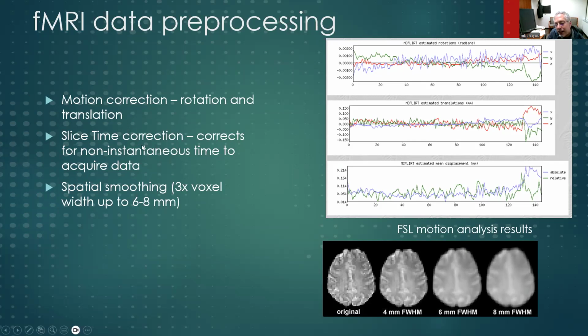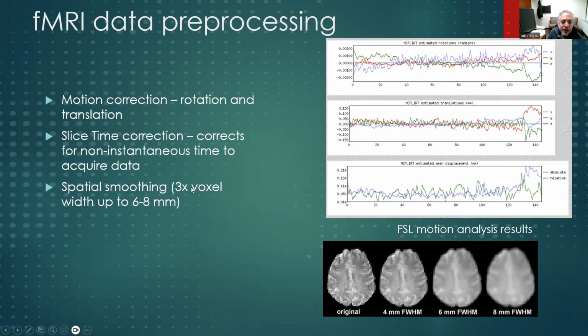There's some slice time correction because the very first slice that you get is temporally a little bit earlier than the very last slice you get. And we tend to think of the entire brain as being acquired at a single time point, so we have to do some slight mathematical correction for that. And then finally, spatial smoothing. We always use a Gaussian to spatially smooth the data to get rid of some of the noise.